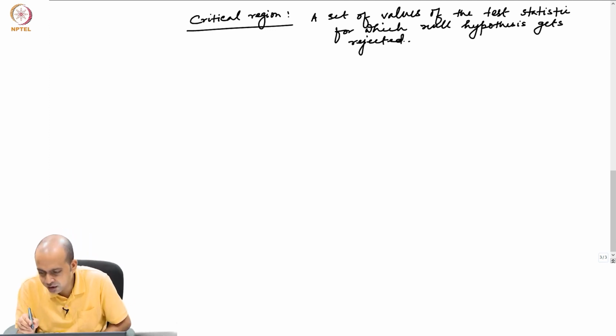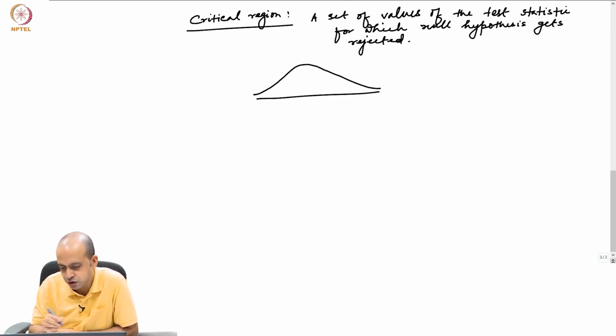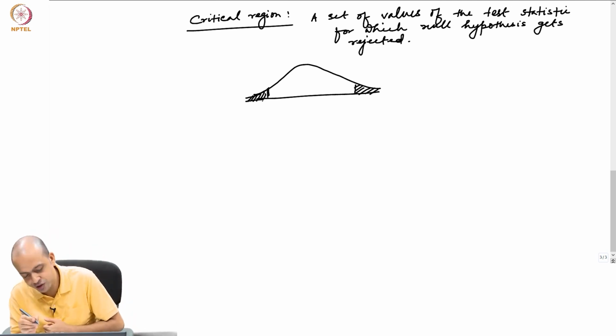Now, I will explain this critical region using the diagram. This is your T distribution, and for the critical region there are two areas, on the left side as well as on the right side of the distribution.